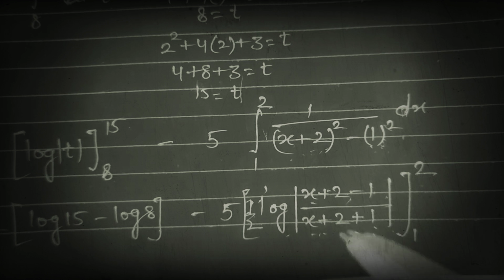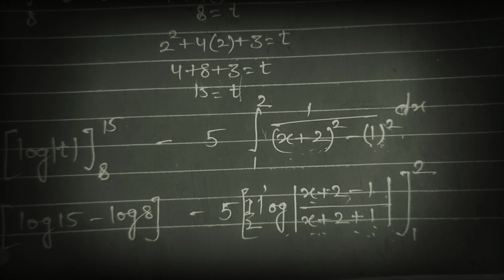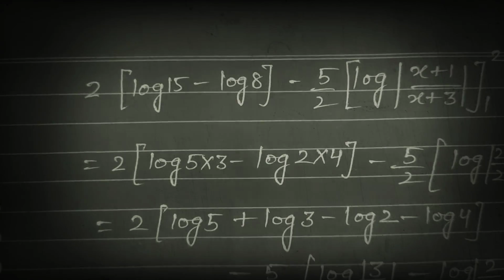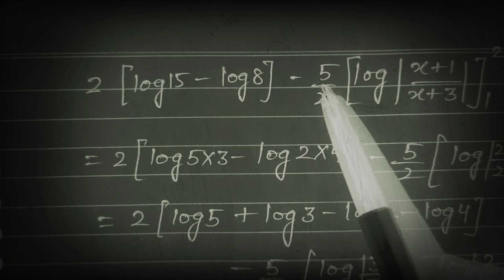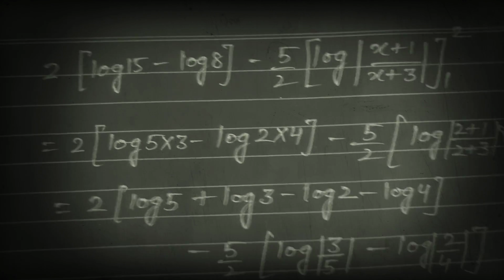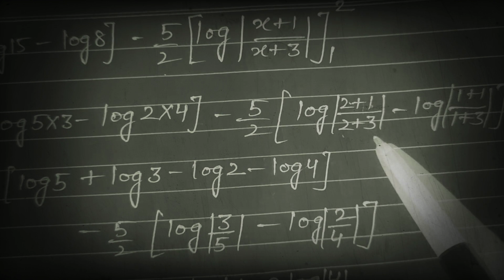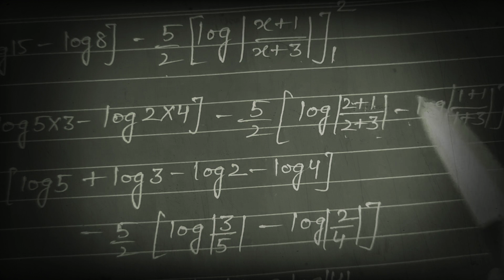Then we will put the limits. First we will put the upper limit, then the lower limit. Then we will get 2 log 15 minus log 8, minus 5 by 2. First we put the upper limit, log of 2 plus 1 upon 2 plus 3, minus log of 1 plus 1 upon 1 plus 3.